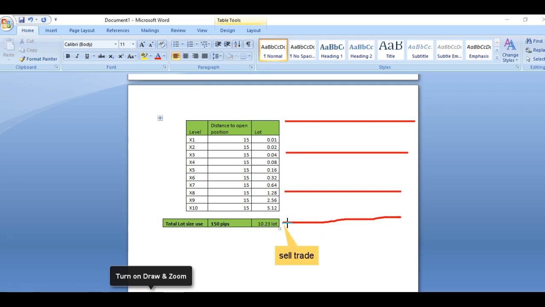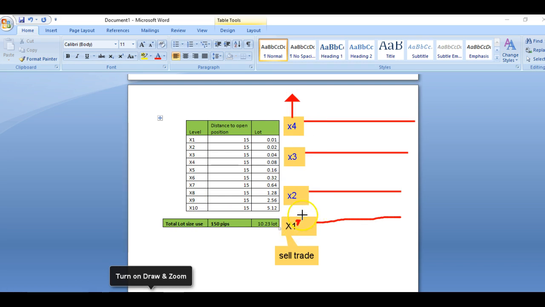All right, so on your sell trade, let's say for example your sell trade is losing. If it is losing, it will start with x1, right? So this is your starting trade over here, and then this is your x2, x3, x4, until it goes up to a high level.